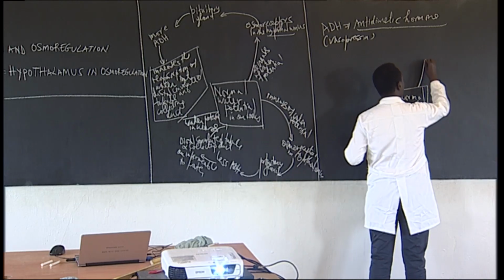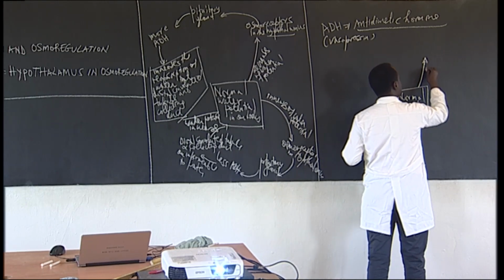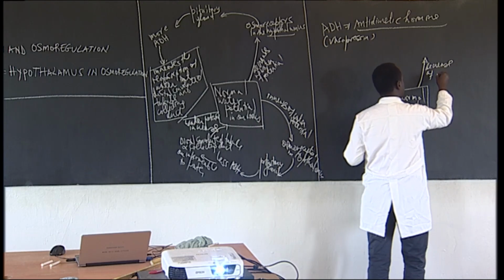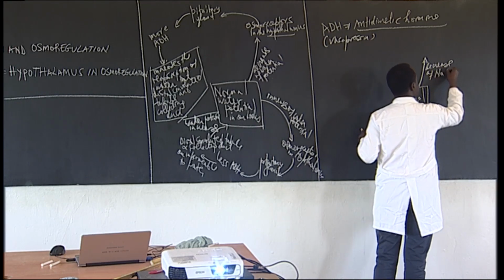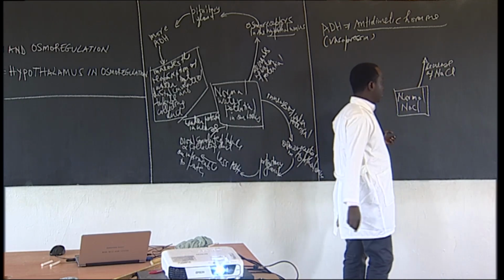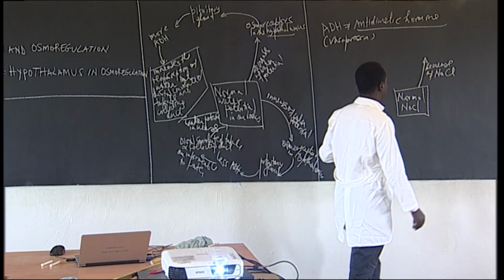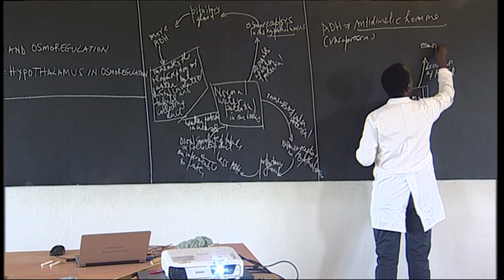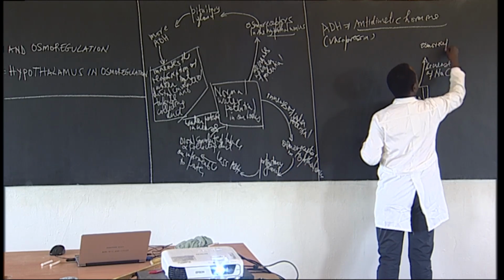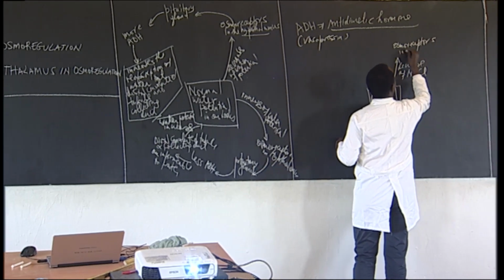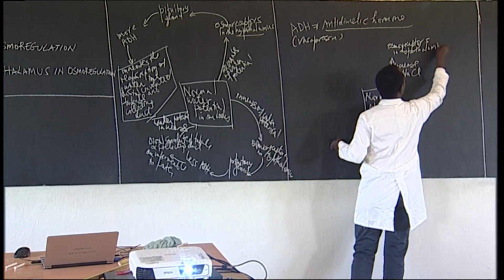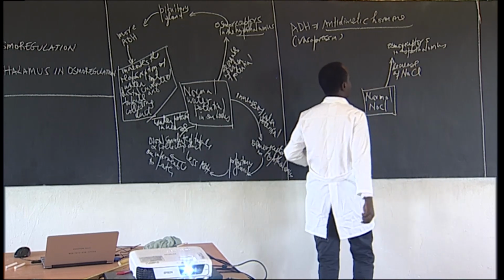When there is a problem of decrease of NaCl, this is going to be detected by osmoreceptors in the hypothalamus. They are going to know that there is a decrease of this.